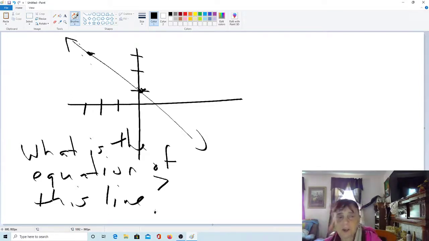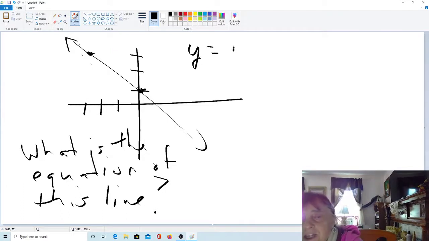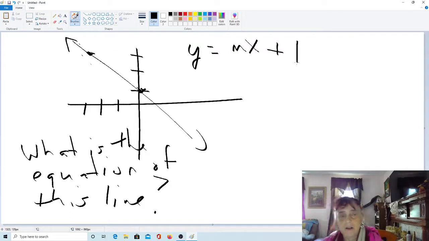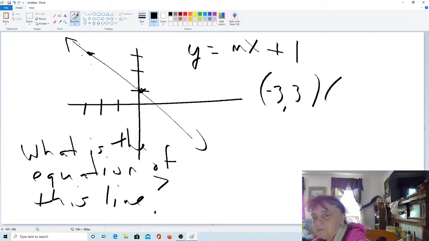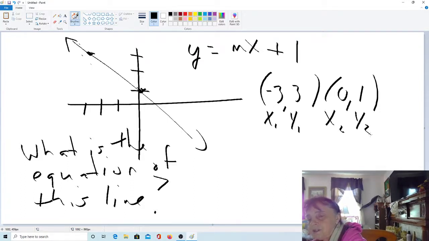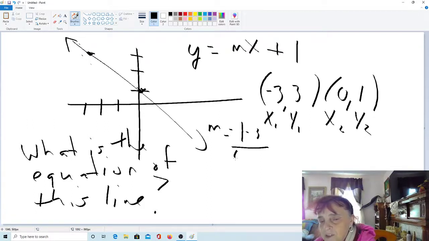Okay, so your y-intercept's 1, so y is mx plus b, and b is 1. So you have 0, 1, and another point is negative 3, 3. And you can find your slope as y2 minus y1, 1 minus 3 over 0 plus 3.